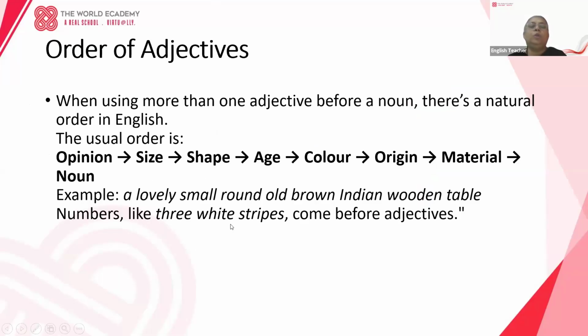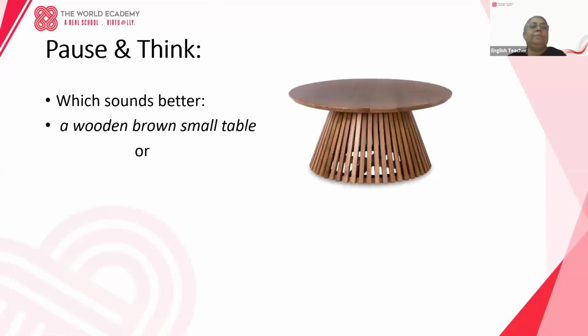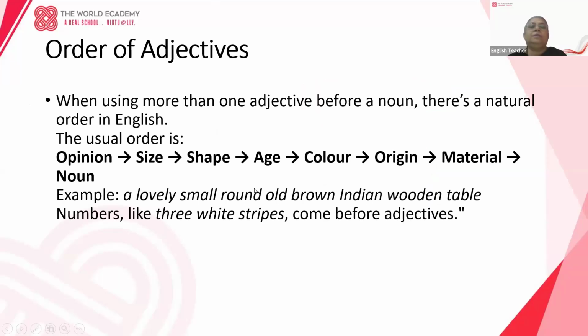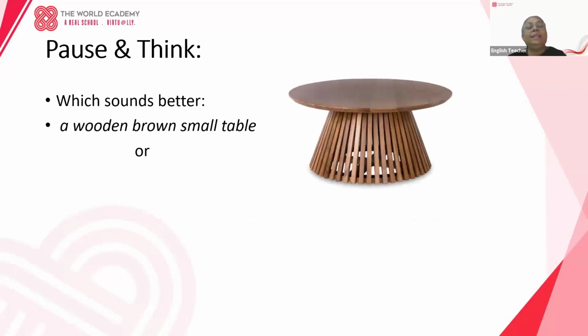A small wooden, what is it? A small brown wooden table. So a small, because size will come first. Old wooden table. And it's about the color also, brown, right? A small brown wooden table.